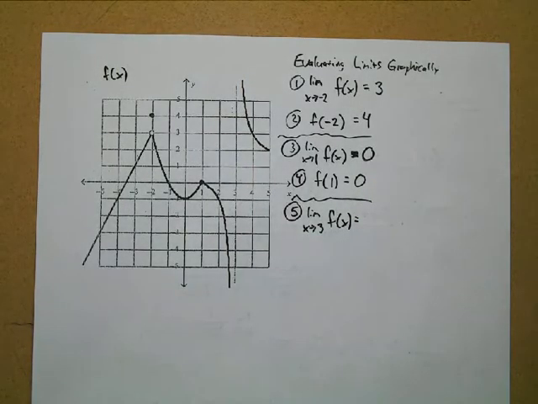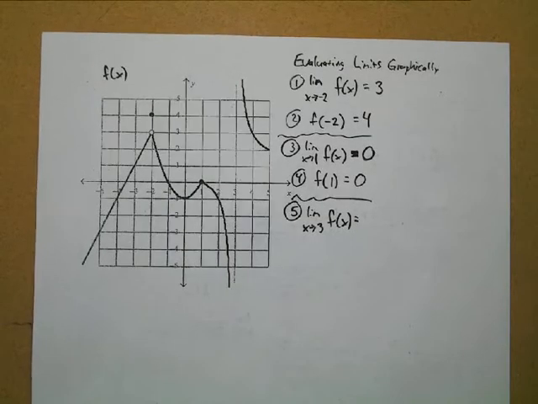Okay, it goes to negative infinity from the left. What about from the right? It goes to positive infinity. So the left-hand limit and right-hand limit disagree, and so what do we say about the limit? Does not exist. The limit does not exist.